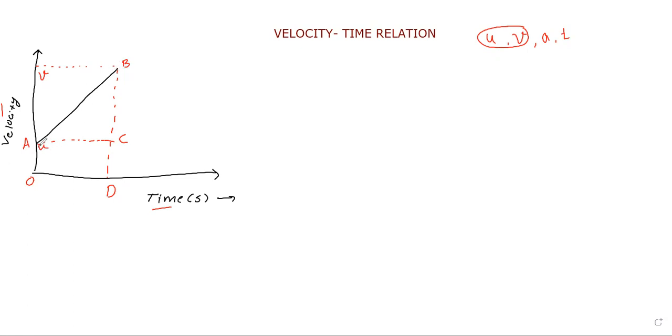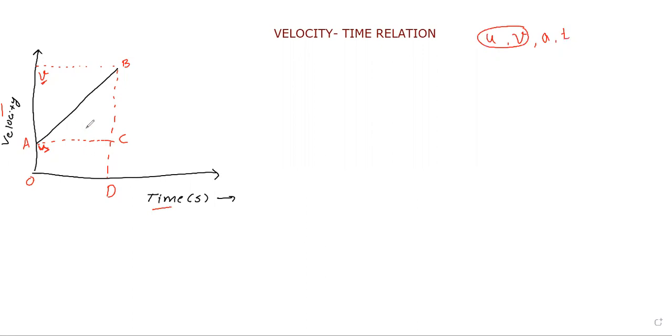Here u is the initial velocity of the body, and v is the final velocity of the body. So this is about the velocity-time graph.